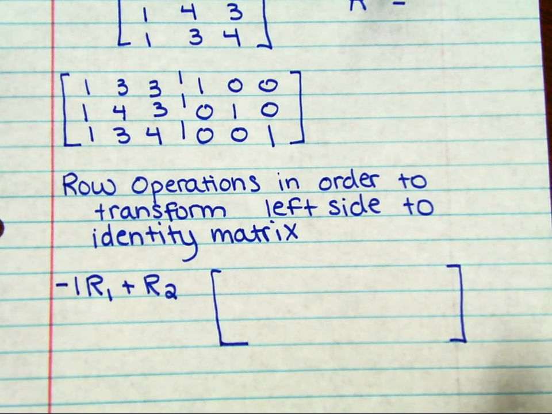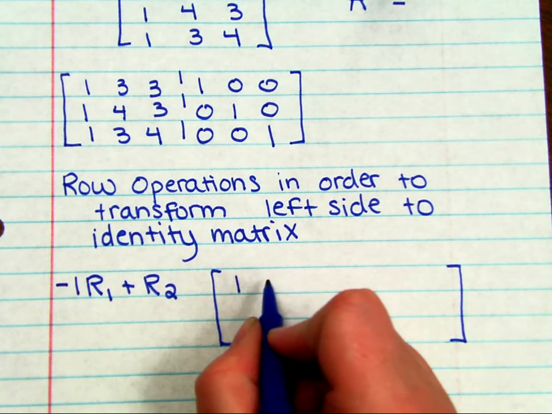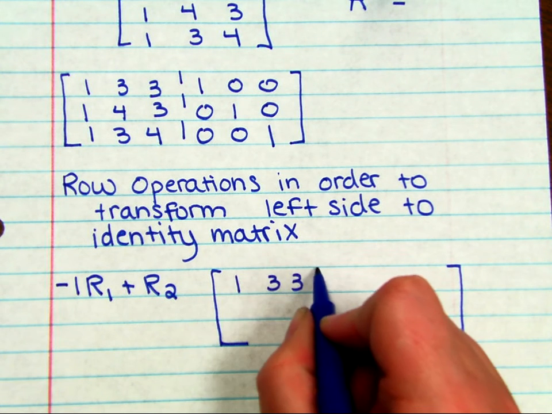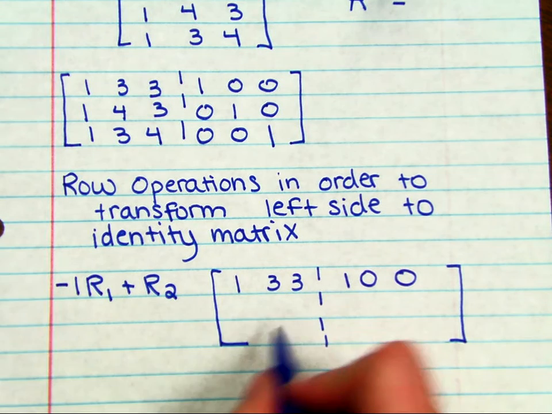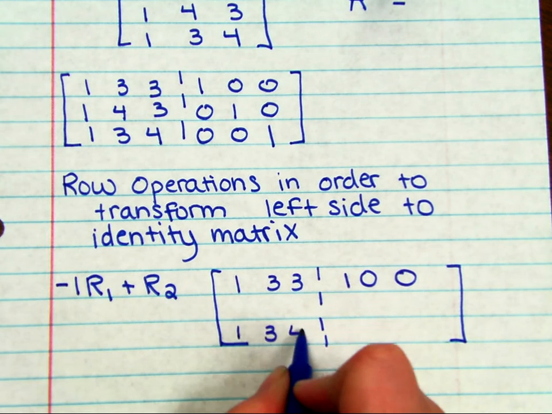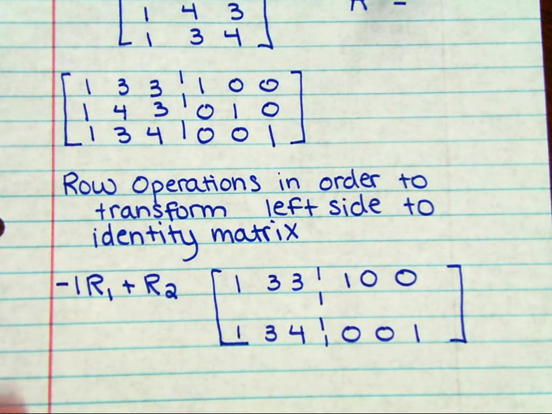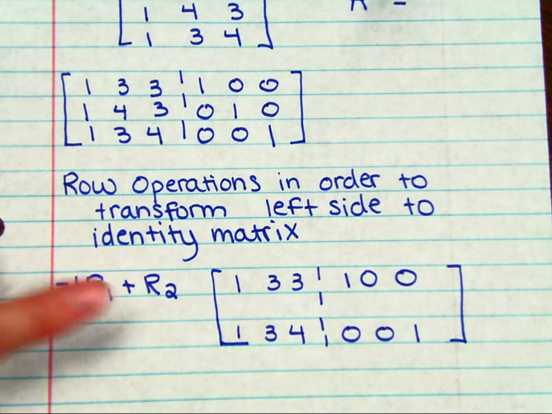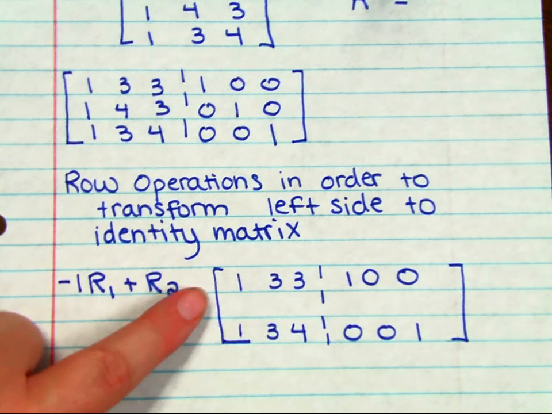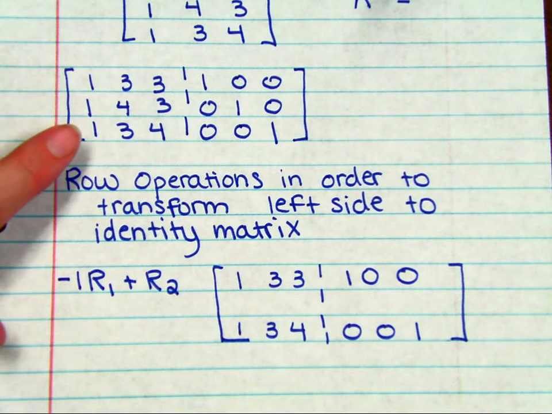Now, row 3 is not going to change, and neither is row 1. So I'm going to rewrite those numbers, much like you've already done. Now I'm doing negative 1 row 1 plus row 2. So negative 1 times 1 plus this 1 would be 0.